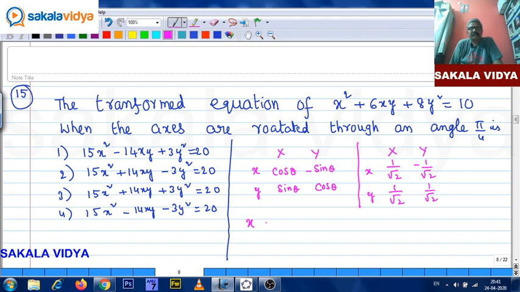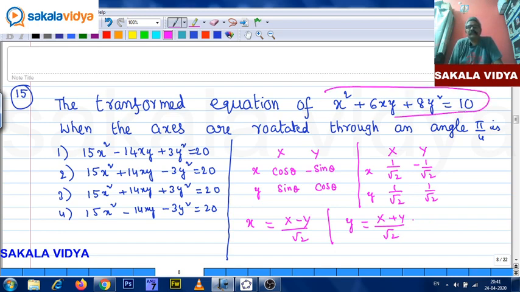Now, small x becomes capital X by root 2 minus capital Y by root 2, and small y becomes capital X plus capital Y by root 2. These two values need to be substituted in this one and simplified, and you will get the answer. Okay? You try it.